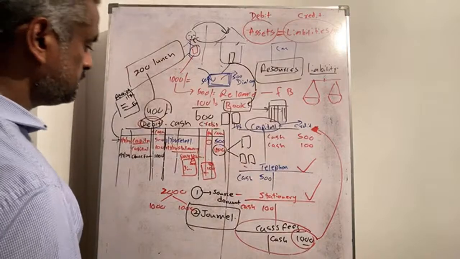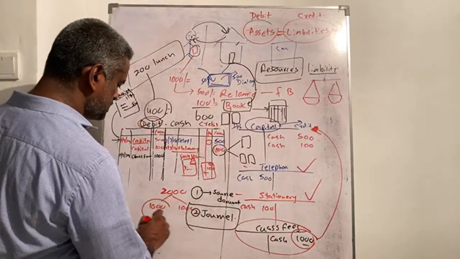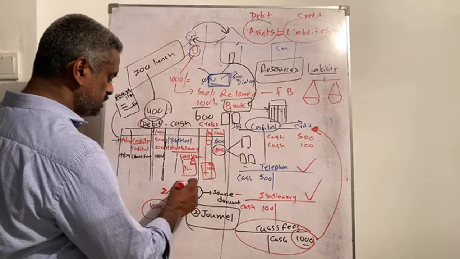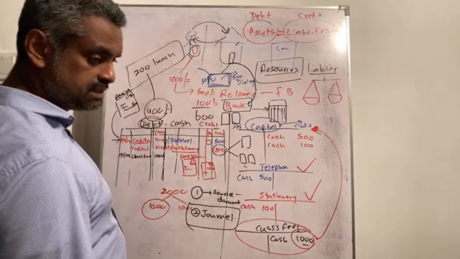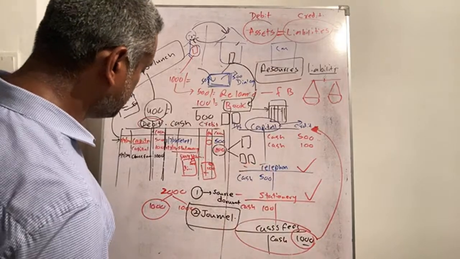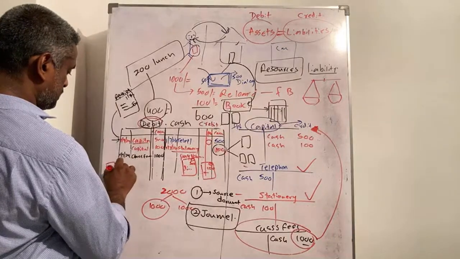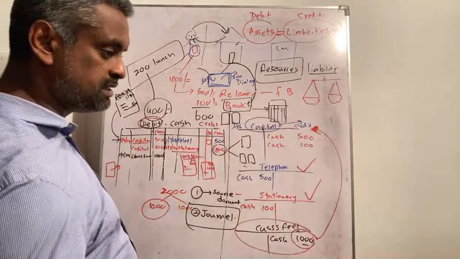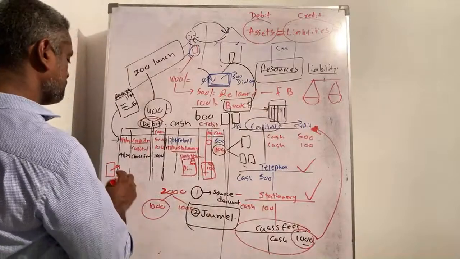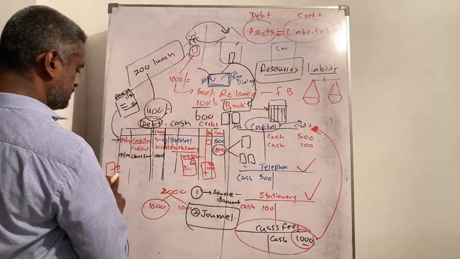The second thing we also noted, this 1,000 rupees you will receive from debtors, from the person who is coming for the class. Then you will put a receipt and you will give a copy of that receipt to the student, right? Then this receipt, the source document, is a receipt.